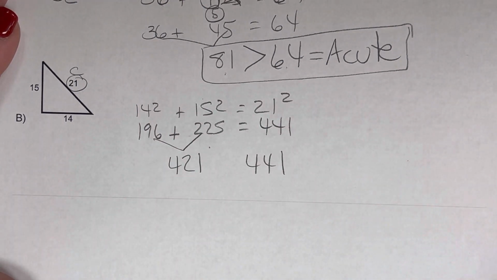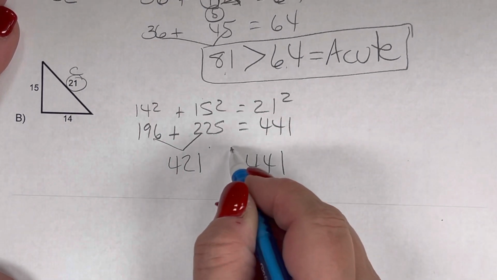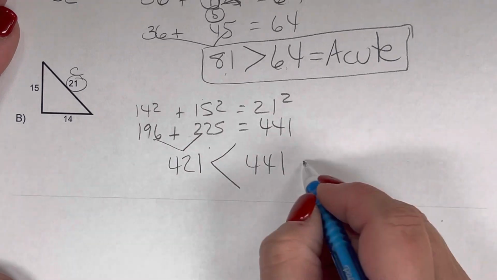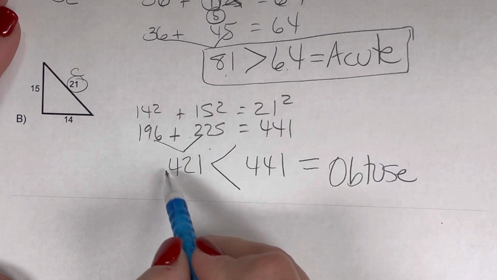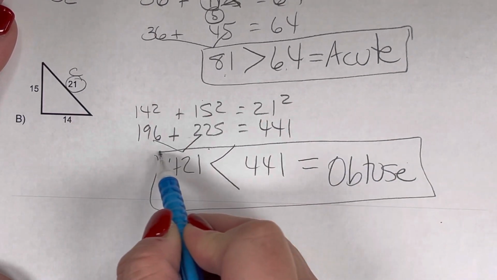Now take a look at that. Obviously, 441 is greater than, and if c is greater, then it's obtuse. So this would be an obtuse triangle.